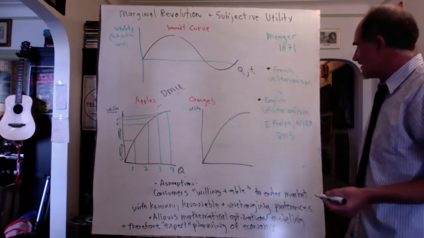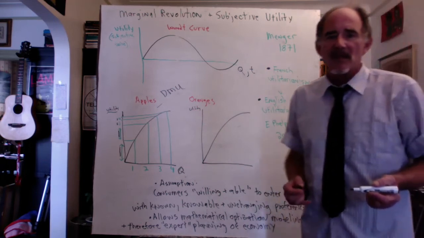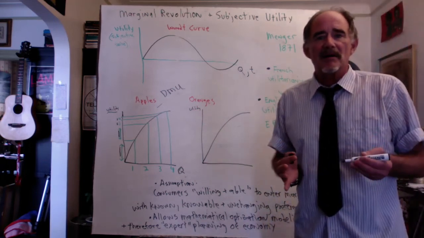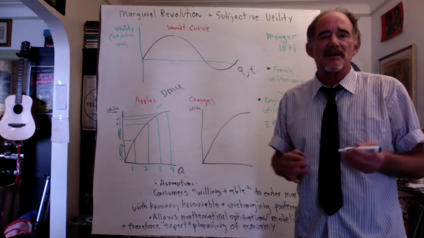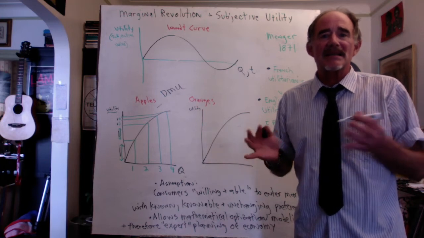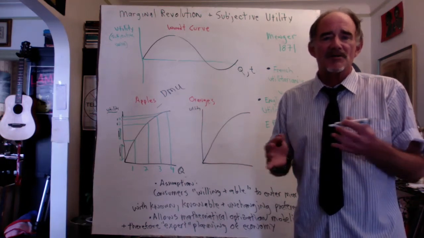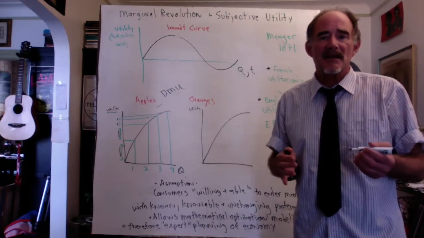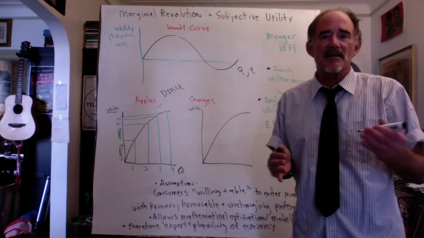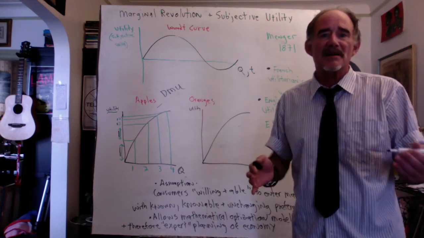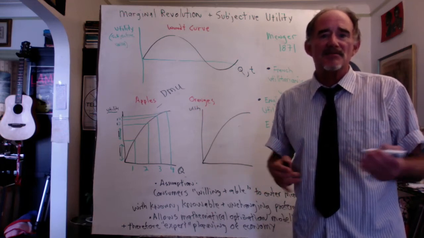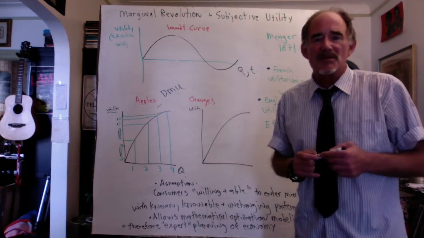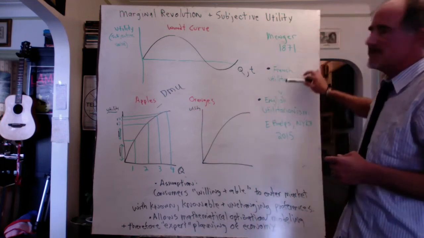English utilitarians wanted a utilitarian society where elites are in charge, and you get an elite ruling class. In the utilitarian society, the elite ruling class knows best. And that's English utilitarianism, which is different than French utilitarianism.